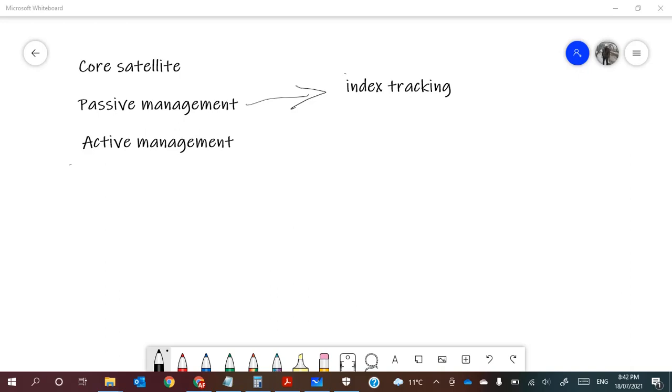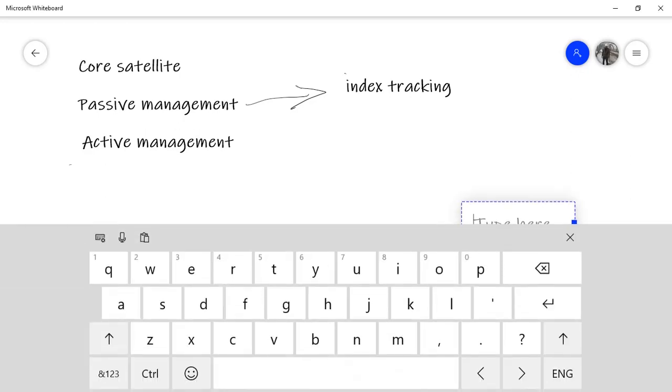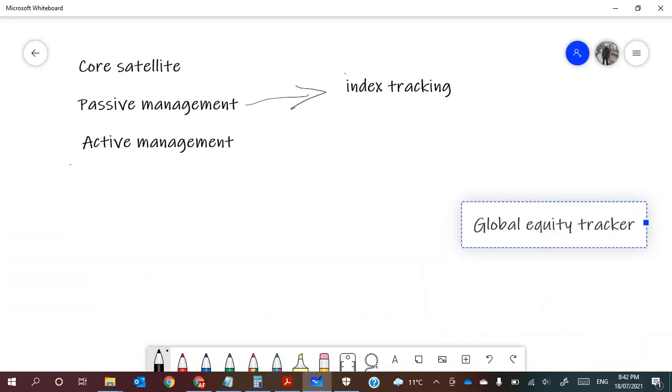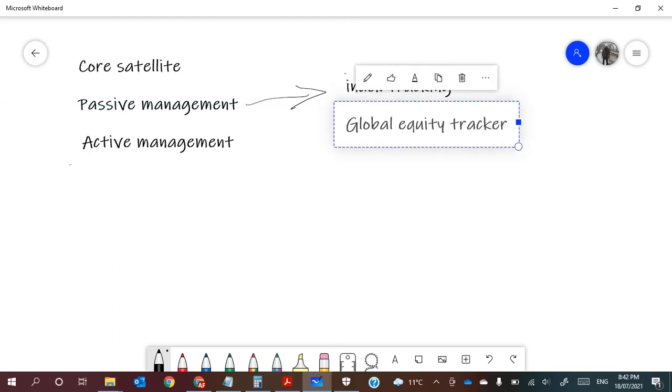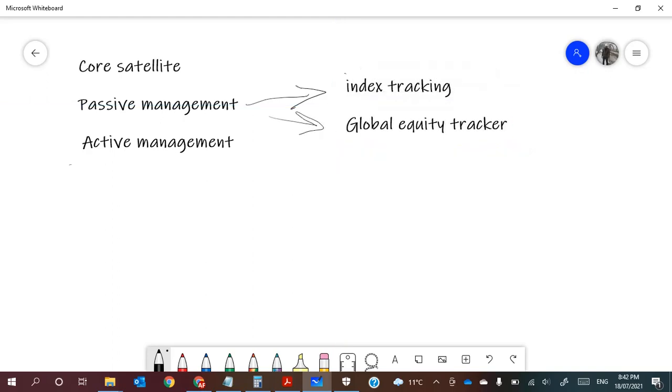do index tracking, or even global equity tracker. So these are sort of passive management systems. So we have index tracking or global equity tracker or global bond tracker.